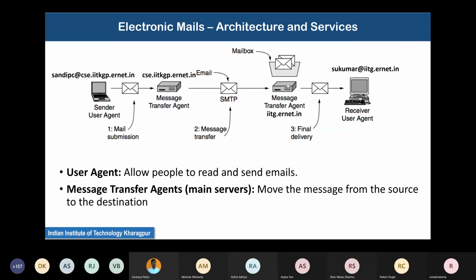In a post office system, the postman physically delivers the letter to your house from the post office. If you consider the message transfer agent to be the post office, the letter would be delivered to you physically at your address in the last step. Here also it is delivered, but the only problem is that there is no concept of any postman.